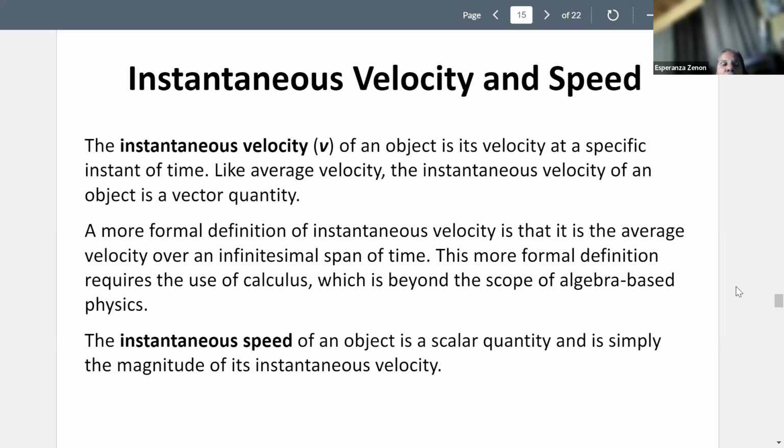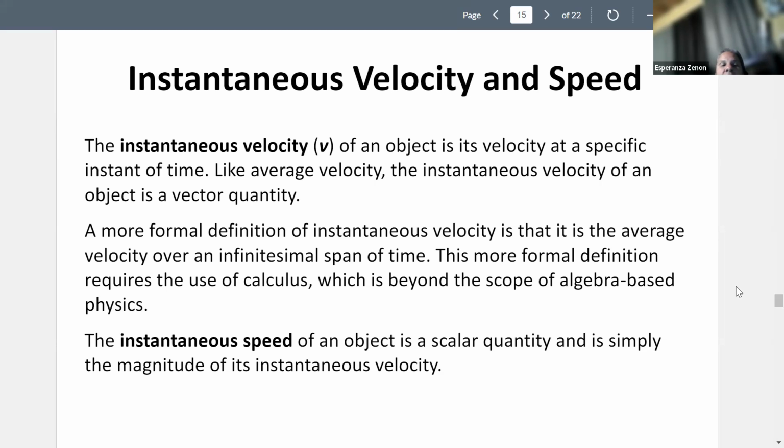Everybody moving around, and then all of a sudden you just freeze. So at the moment you freeze, what is your instantaneous velocity? I mean, what is your velocity? Okay. So you have to imagine that you can measure the velocity when time stops, stand still for that instant. Okay.